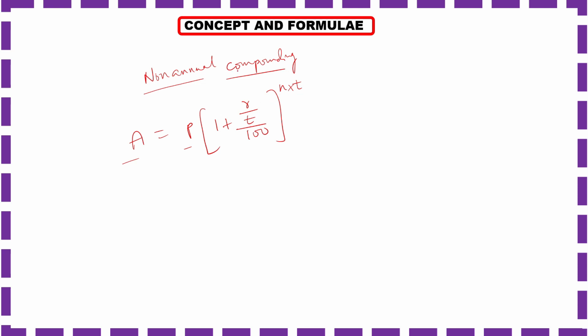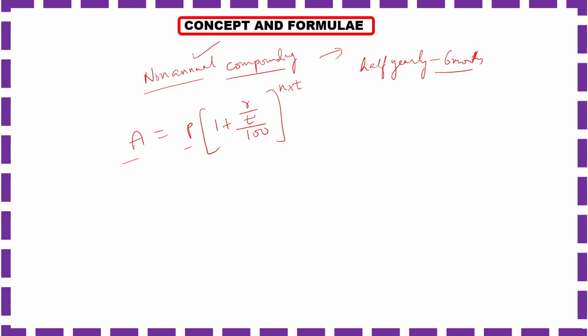See, non-annual compounding means, let us say the compound interest is for 2 years, that is annual compounding. Whereas if we say the compound interest is half yearly, that means for every 6 months, then this is a non-annual compounding.